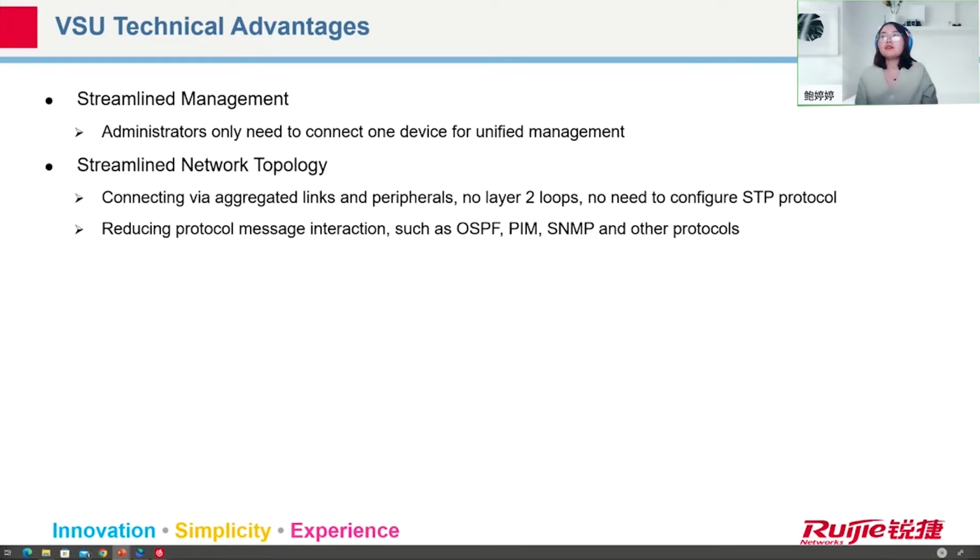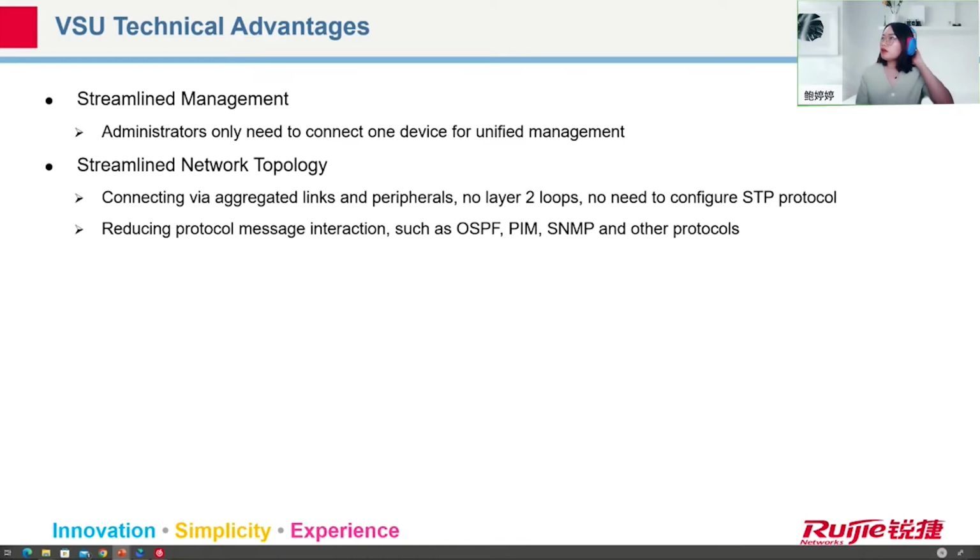And about other protocols like OSPF. OSPF is a dynamic routing protocol. Within the VSU, maybe we have several devices, 3 or 4, combined together. Between them, we don't need to run OSPF again, because logically this is one device. And also we don't need to run PIM. PIM is the protocol of multicast.